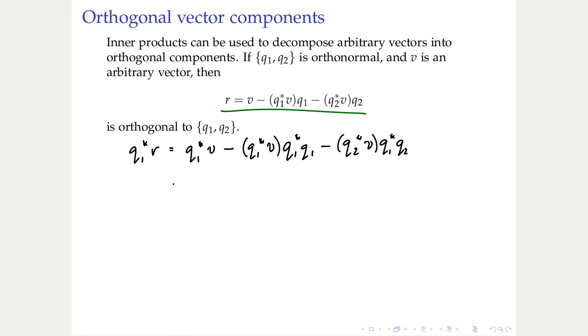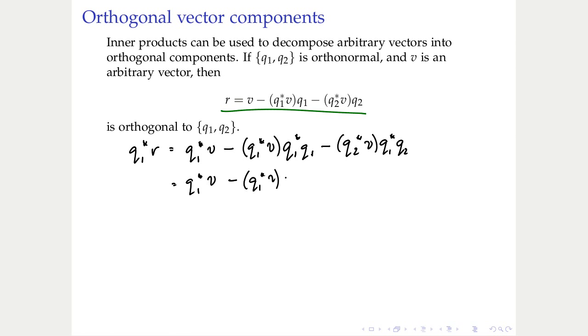Great. So that equals q1 star v minus q1 star v times, well, remember that q1 and q2 are orthonormal, which means their length is 1.